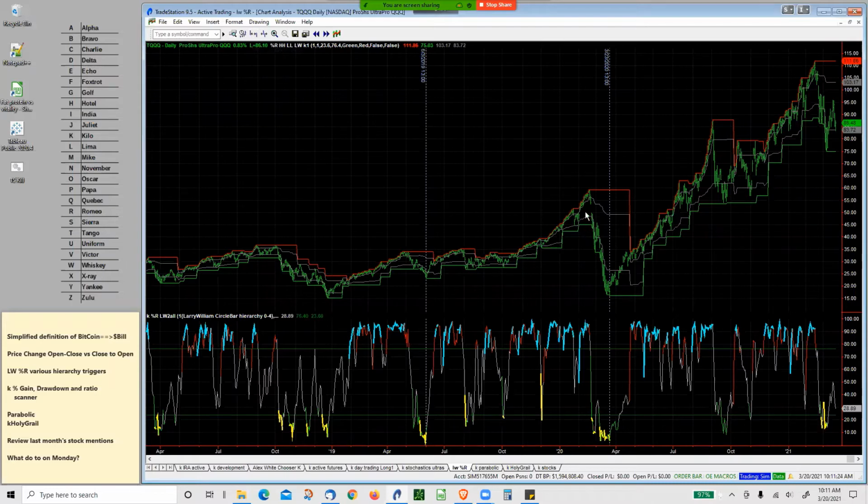Well, Larry Williams has a thing he calls circle bar, and circle bars are basically support and resistance at various levels. So you can have a level 0, level 1, level 2, level 3. And this is just showing the same level. This is level 1. So you can see support is down here. It moves up, it moves up, it moves up.